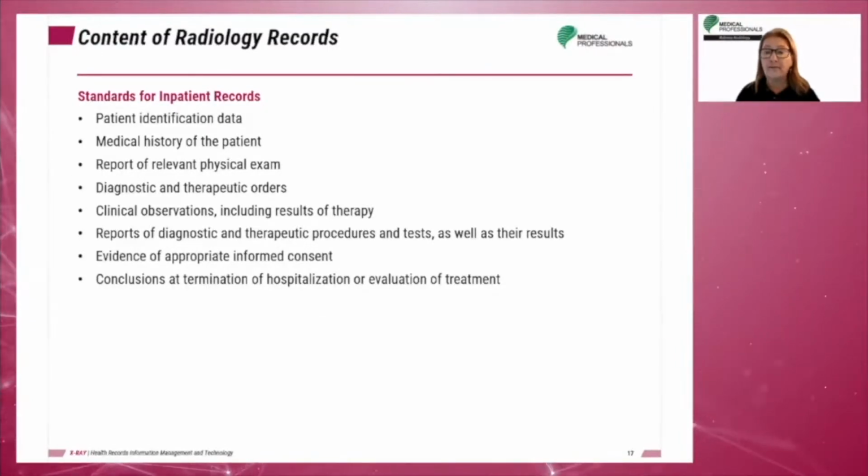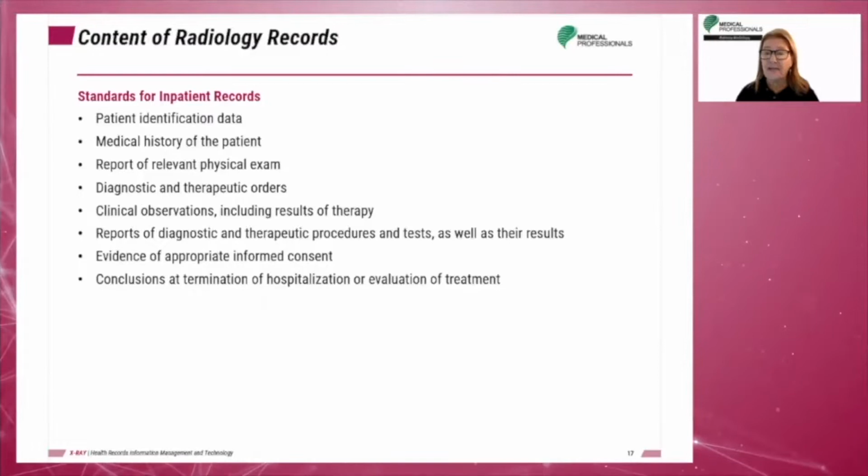Report of relevant physical exam, diagnostic and therapeutic orders, clinical observations including results of therapy, reports of diagnostic and therapeutic procedures and tests, as well as their results, evidence of appropriate informed consent.